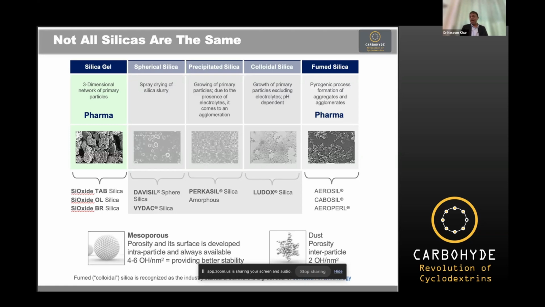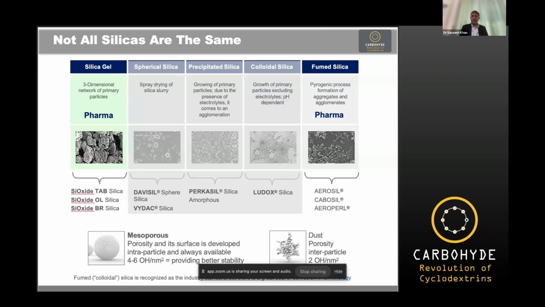When they absorb heat of 50 degrees or more, it starts degrading because of the selection of silica. You have selected some silica which is not suitable for such a high temperature. You need an excipient which can sustain high temperature as well.